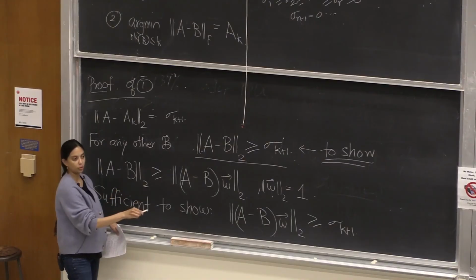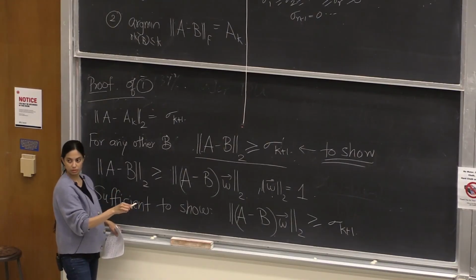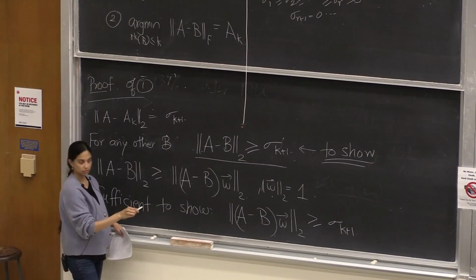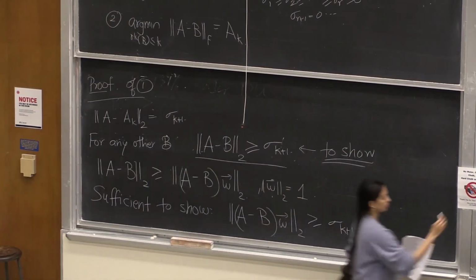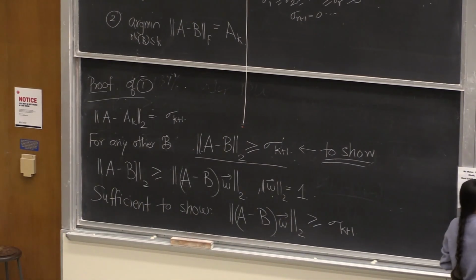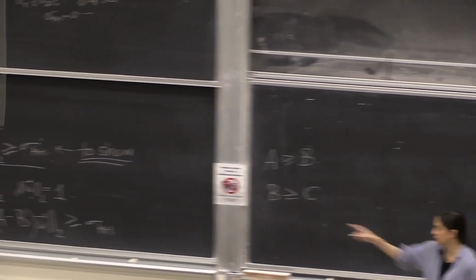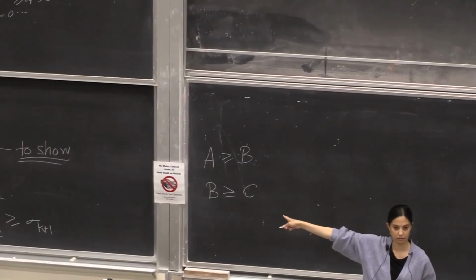It's just a chain of inequalities, right? Very simple. I know A is greater than or equal to B, and B is greater than or equal to C. What can I conclude about the relationship between A and C? A is greater than or equal to C. There's nothing different happening there.